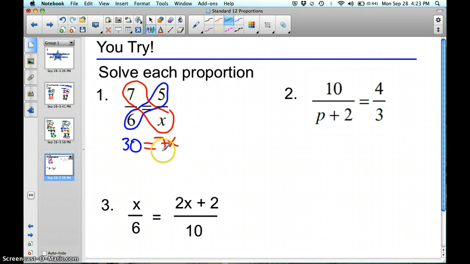I'm going to divide by 7 on both sides. Over here, 30 divided by 7, that's going to give me a decimal that I'm just going to round to 4.3. And then on this side, 7 divided by 7, that cancels, so I'm just left with x. So x equals 4.3.